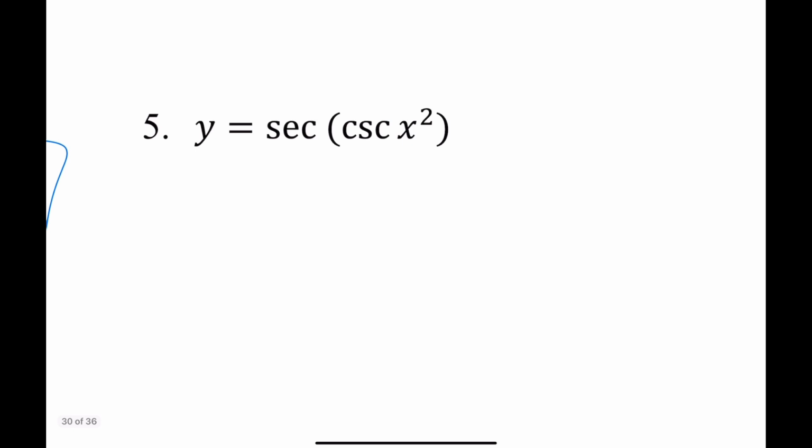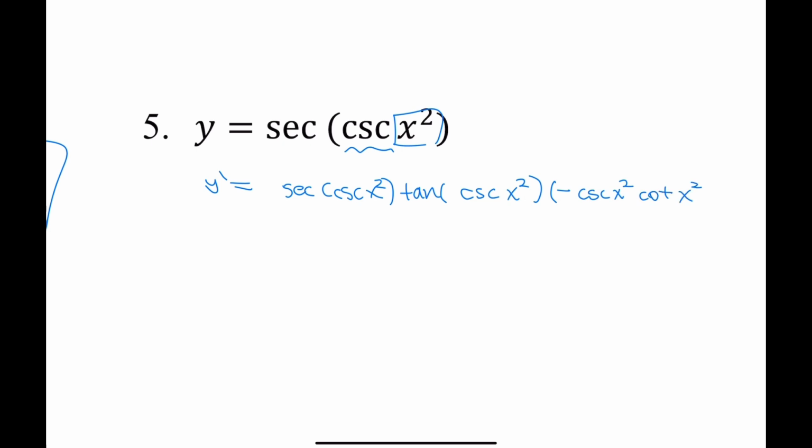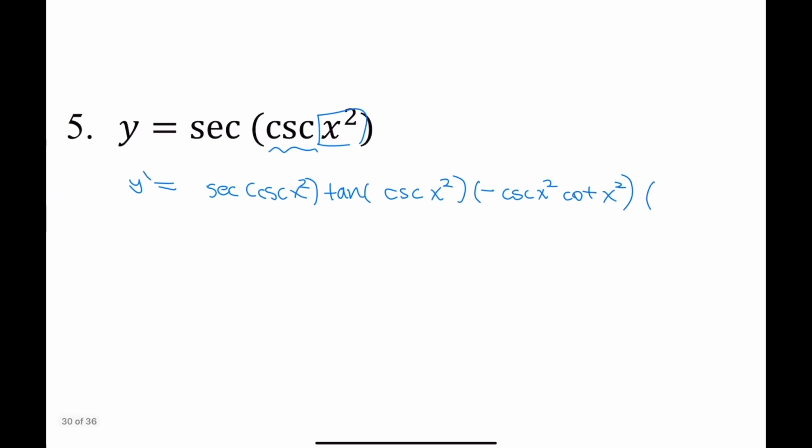And then y equals secant of cosecant x squared. So x squared is inside the function of cosecant, so we can say y prime equals secant cosecant x squared, and then tangent cosecant x squared, and then the inside function, which is cosecant x squared, we can try to take the derivative of that, which would be negative cosecant x squared cotangent x squared, and then take the derivative of the inside of that, which is x squared, so that is 2x, right?